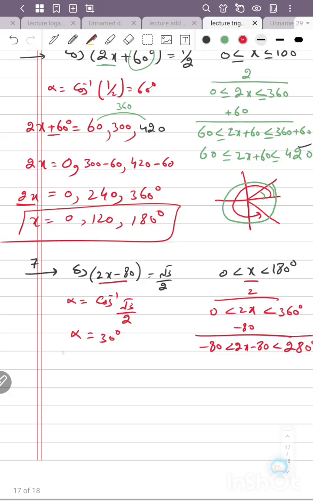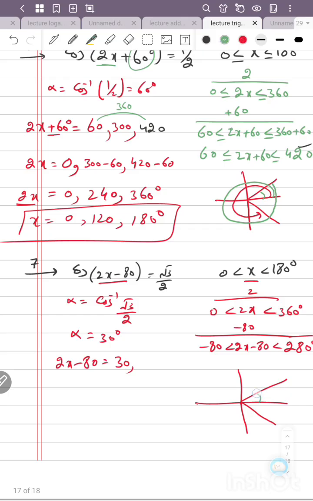Wait a minute dear friend. 2x minus 80 is 30, because cos is positive in the first quadrant and the fourth quadrant.